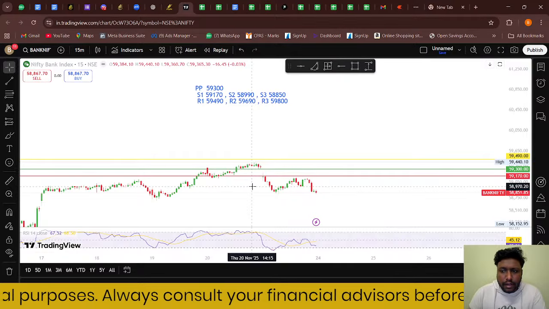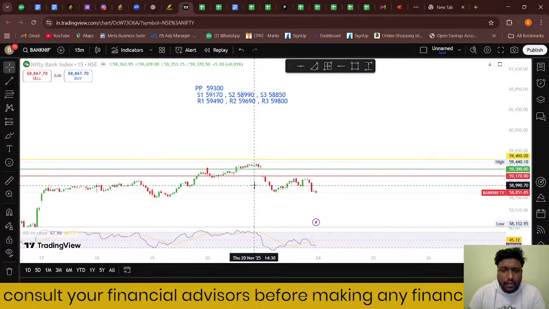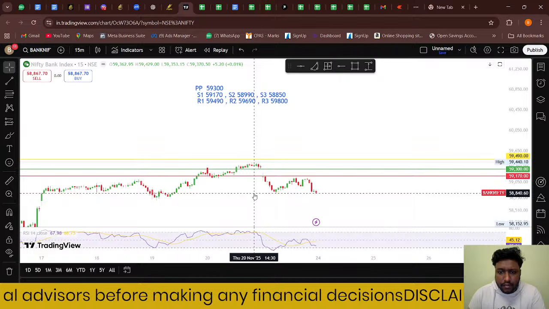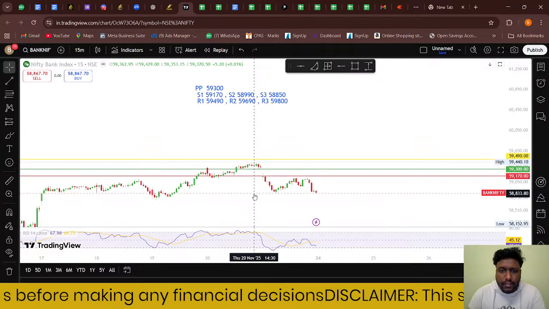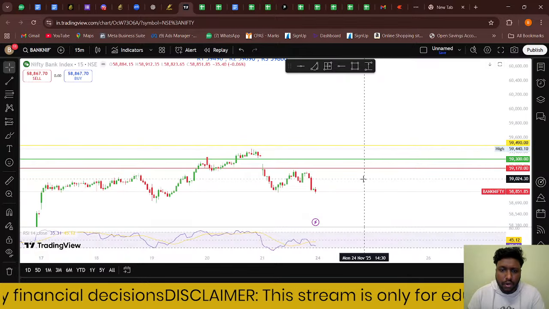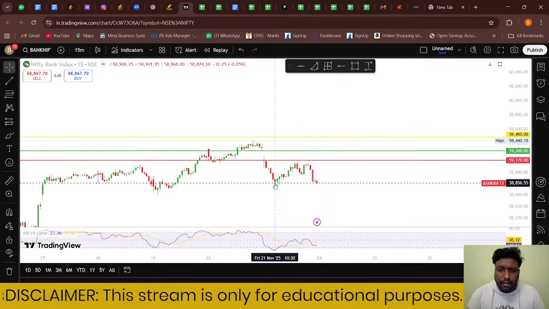And 58,990 we easily got here at first, and 58,850 was our third support. You can clearly see that we got all three support levels tested by Bank Nifty.